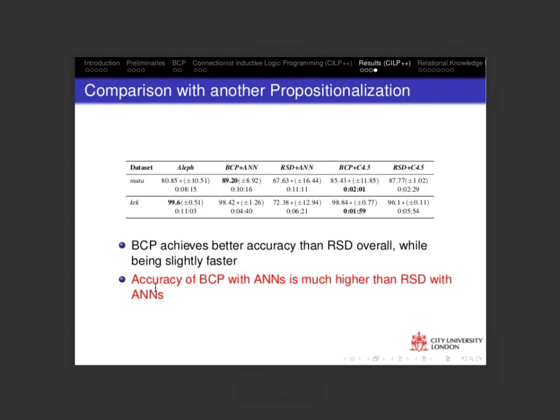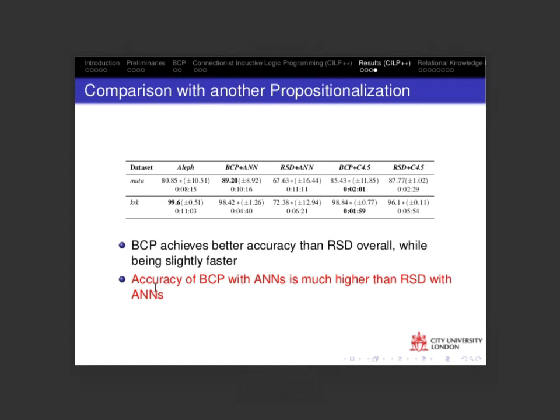And here we have some initial experiments on why we should be doing this. Why should we be using bottom clauses? There is an interesting result that the accuracy of that approach with neural nets is much higher than RSD, which is a competitor, let's say, also with neural nets. So there's something about the idea of using bottom clauses with neural nets that seems to be worth exploring.